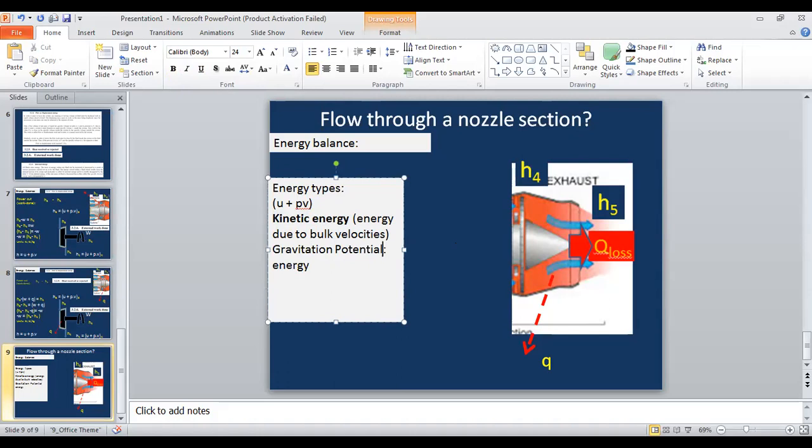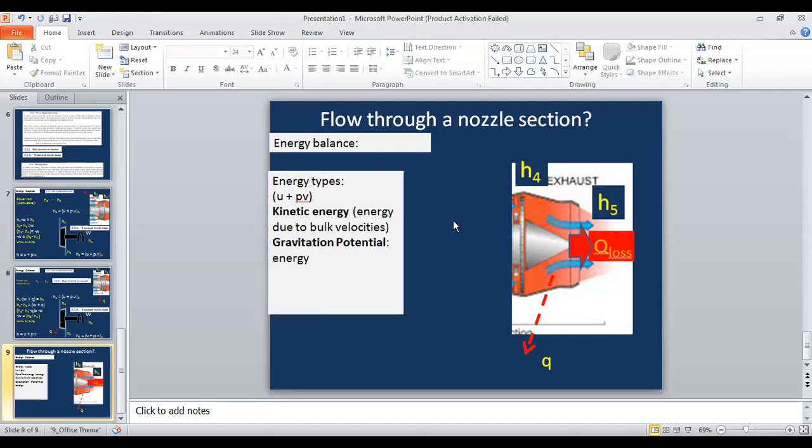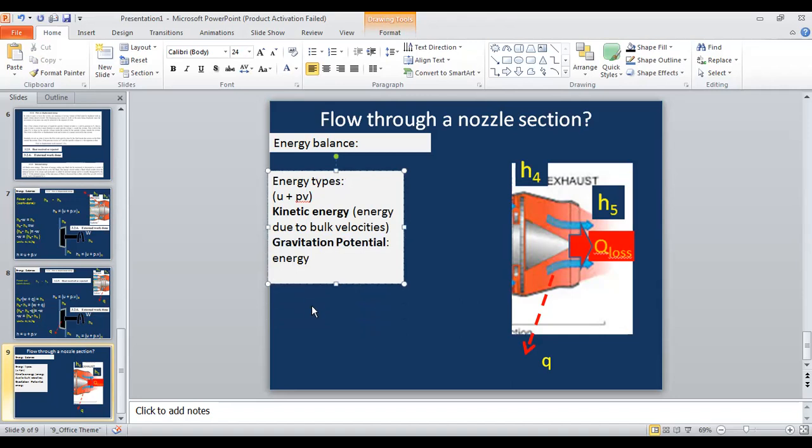It's coming down because there is an energy component, potential, the stored energy there. Potential energy. So there are other components as well, other than this U plus PV.